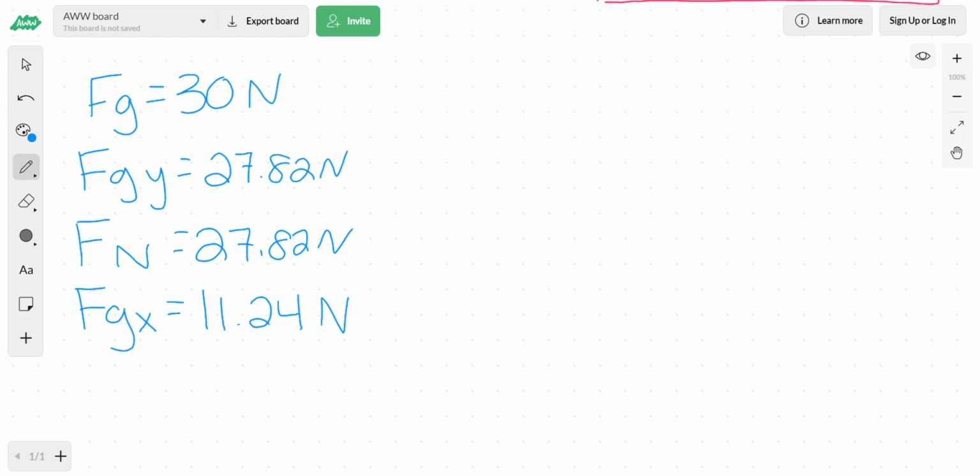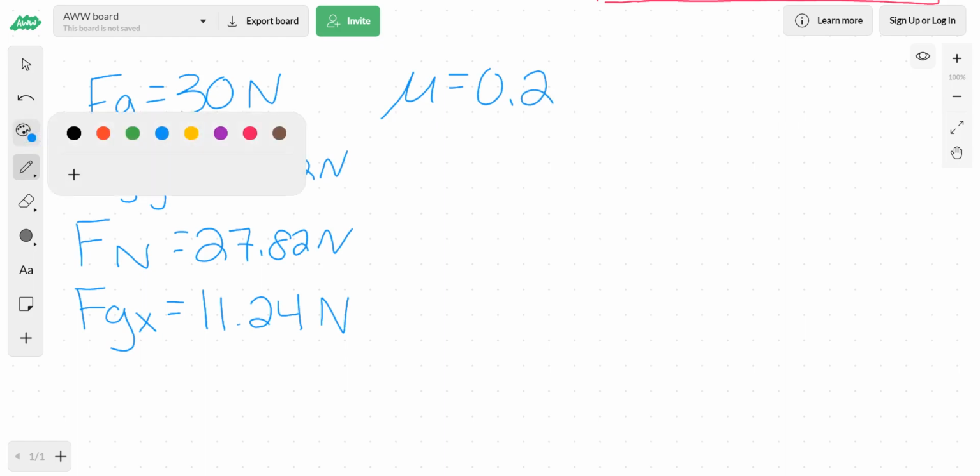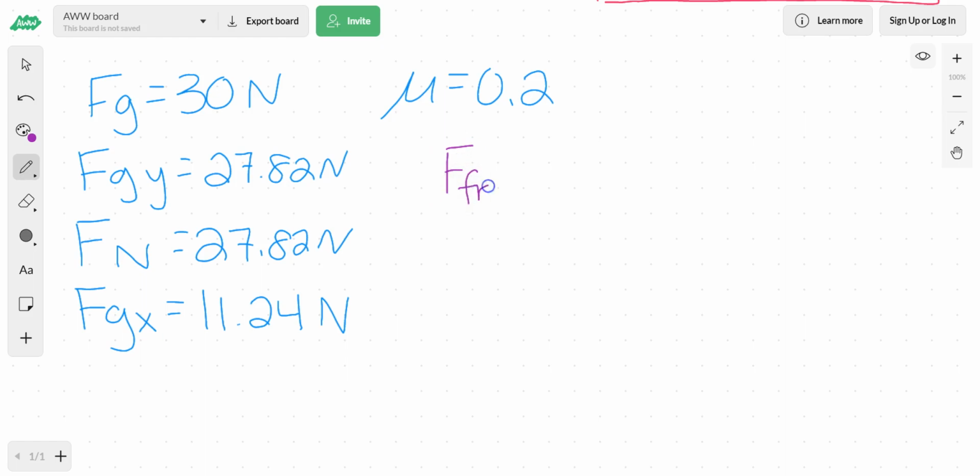Okay, so now we still know the mass is 3, we know all the other pieces of information, but as mentioned, the coefficient is 0.2. Okay, so how do we find the force of friction? Force of friction has one equation, technically two if you're using the net force to get the absence of it, but force of friction is the coefficient times the normal force.